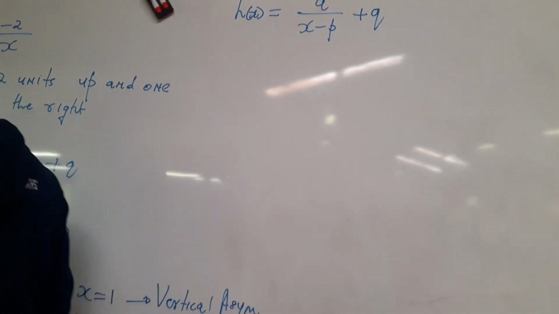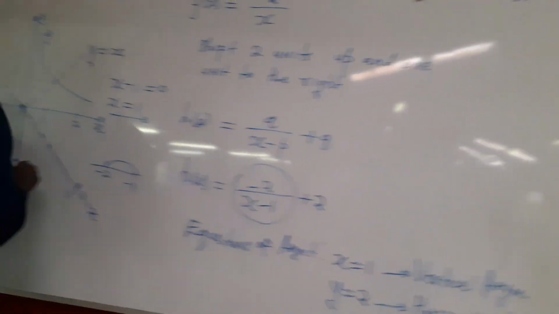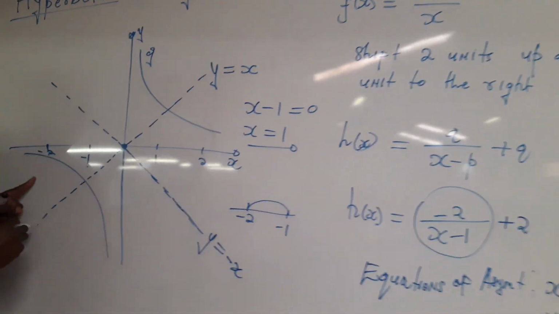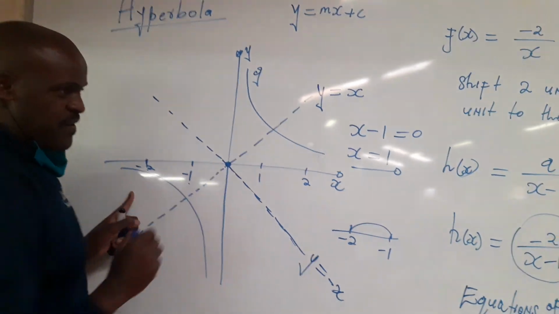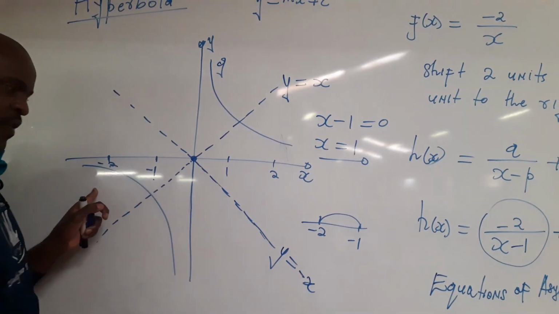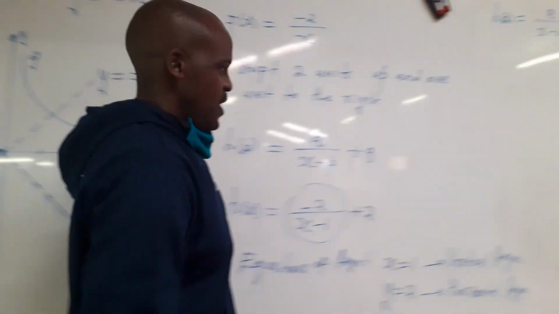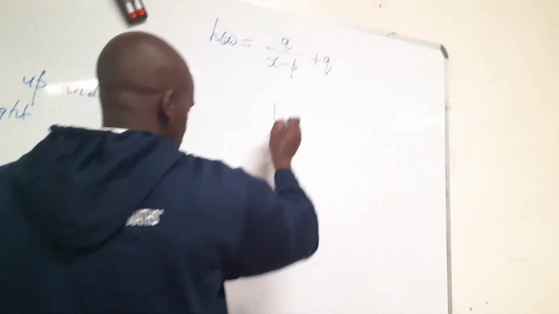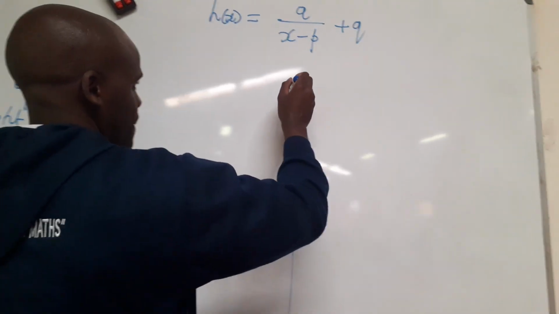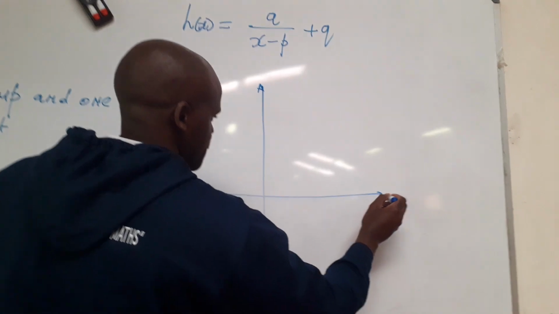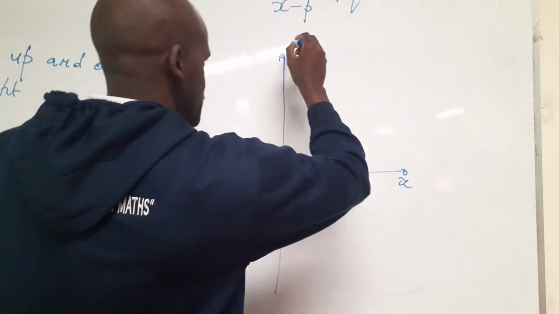Right. When we look here, we've got the one with a positive gradient and also that one for a negative gradient. Let us represent it using a graph. X, y.